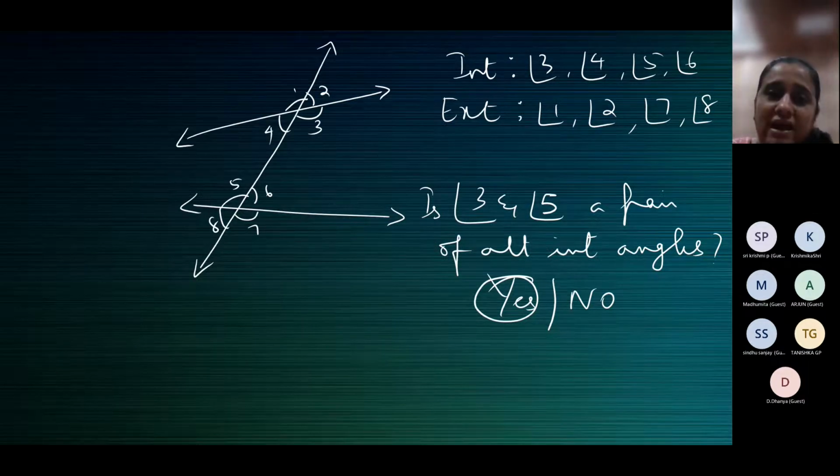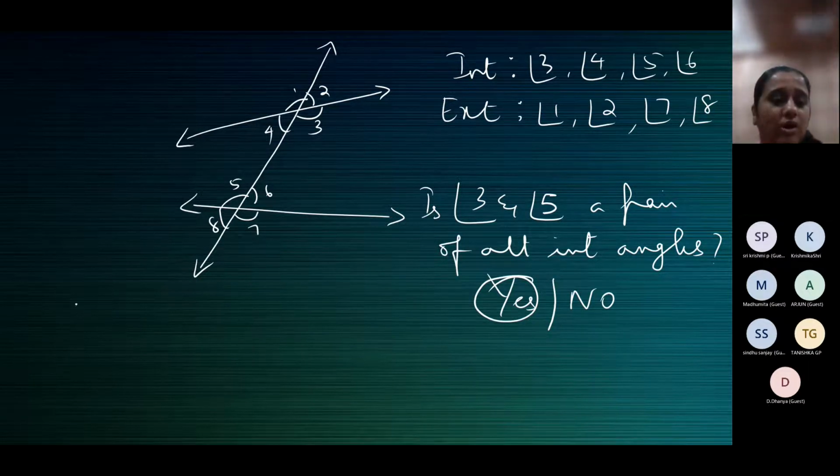So alternate interior angles, alternate exterior angles, corresponding angles, co-interior angles are all formed. All these angles are formed when two lines, irrespective of being parallel or not parallel, are intersected by a transversal.